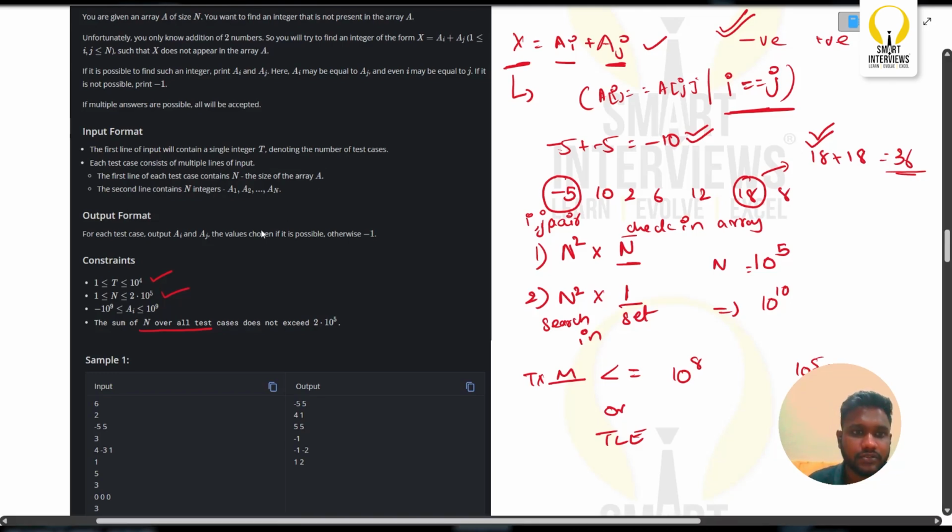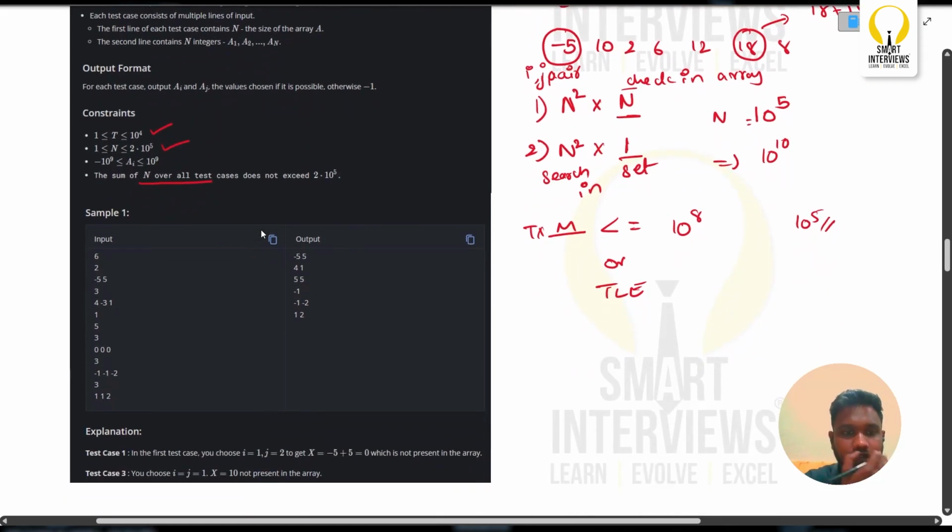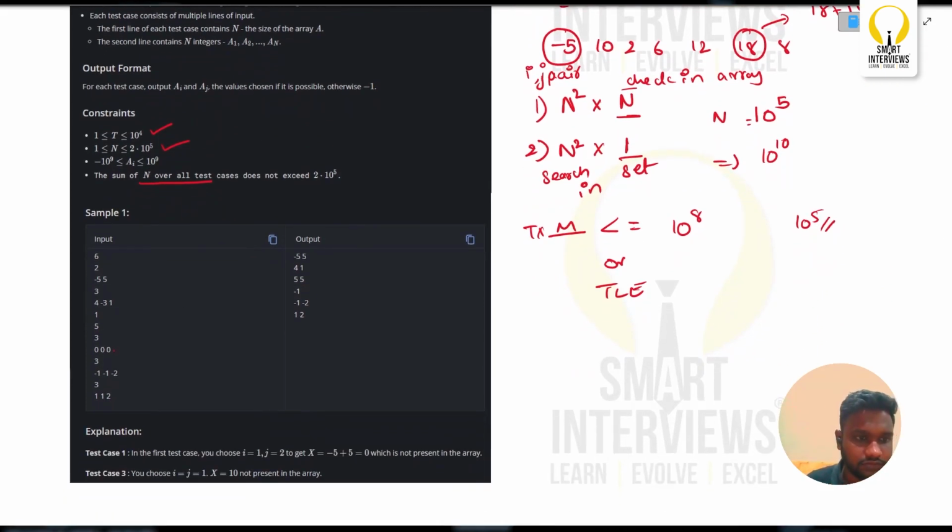Is there any case where we have to print minus 1? If you look at this case, an array containing just zeros. What if our array contains only zeros? In this case, our max will be equal to 0 and min will be equal to 0.